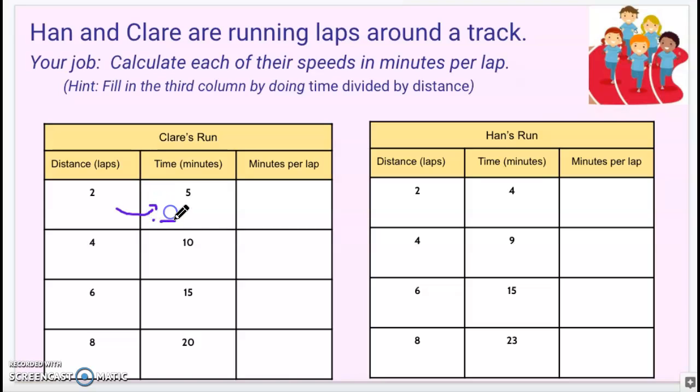That's really tricky to figure out. So we can work backwards, taking this 5, dividing it by 2. So this is 5 divided by 2. This is going to be 10 divided by 4, etc. 4 divided by 2, 9 divided by 4, etc.